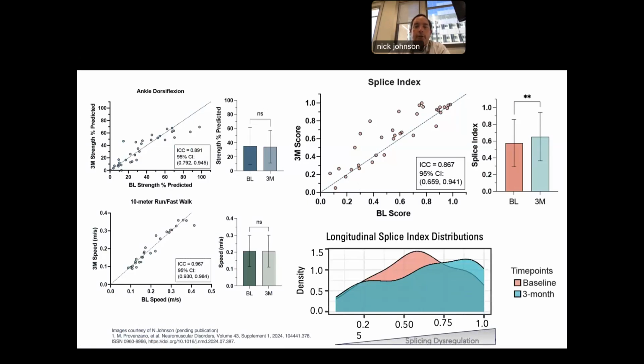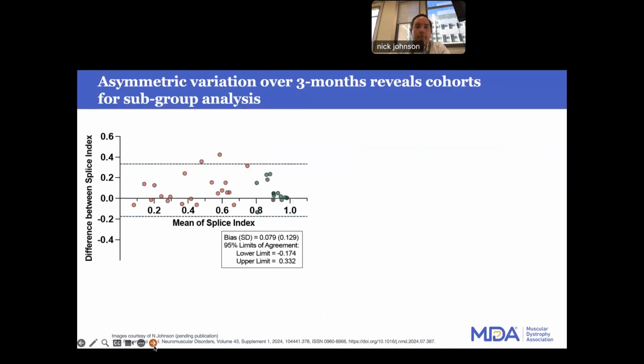But I'll draw your attention to this middle group here, those with moderate splicing impairment. They actually seem to have a little bit more variation than those with either pretty mild splicing impairment or pretty significant splicing impairment. And this is just another way of demonstrating what I was just talking about.